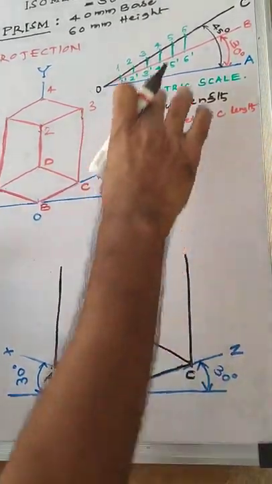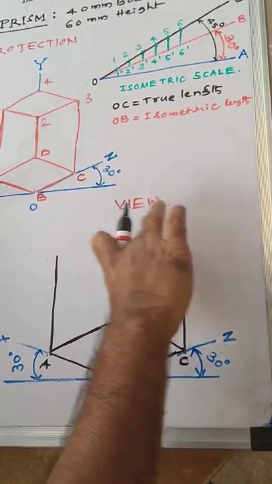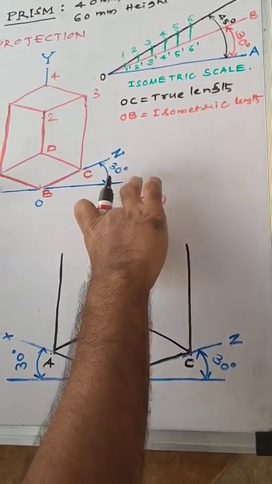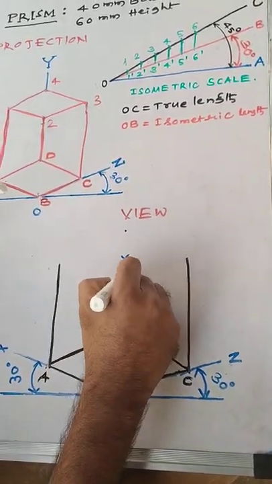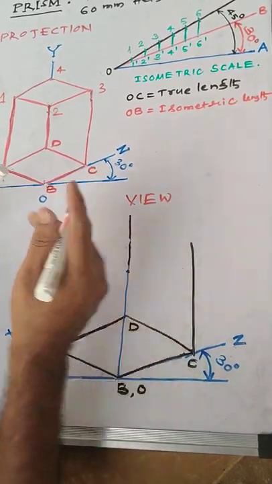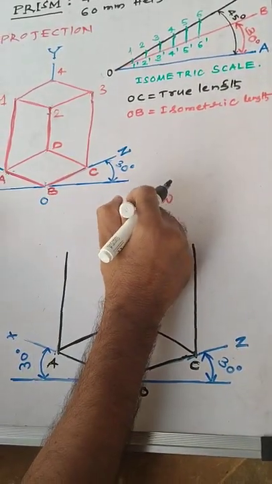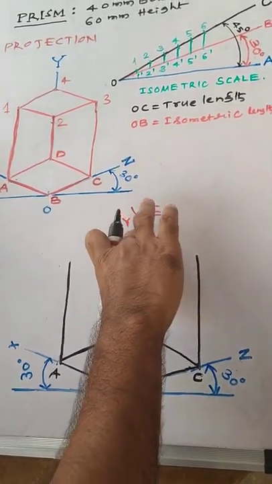From D point it is going to be again 60 on the OY axis. This is 60.